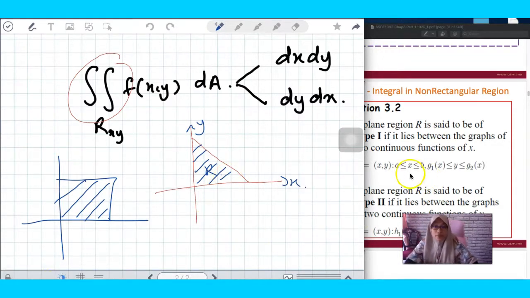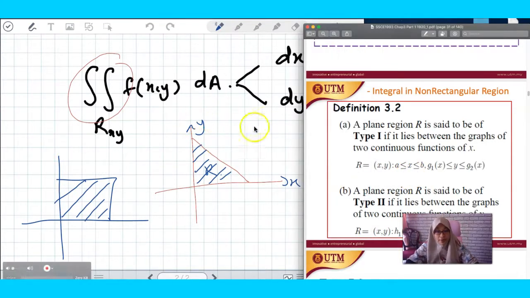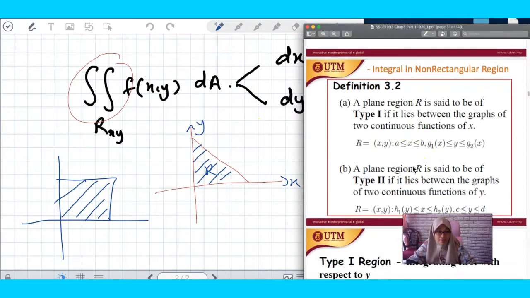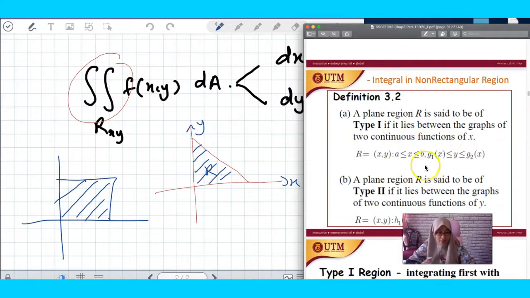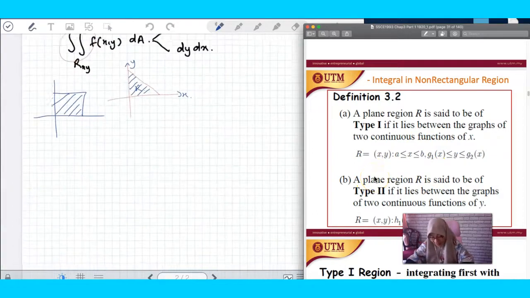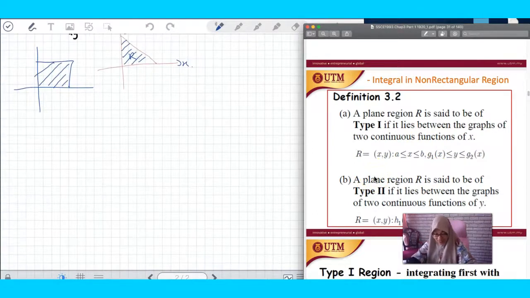Now, I want to explain this, but I don't want to explain it word by word using this slide, because it is too wordy. So what is actually type 1, type 2, and why do we give them names? Actually, you don't need to bother about the names type 1 or type 2, but we want to make sure that your understanding follows the sequence.